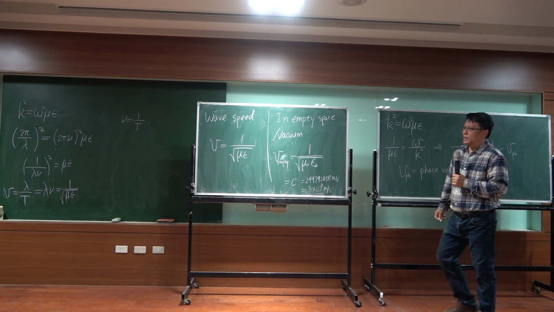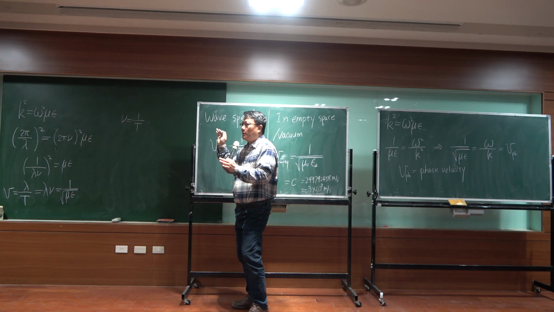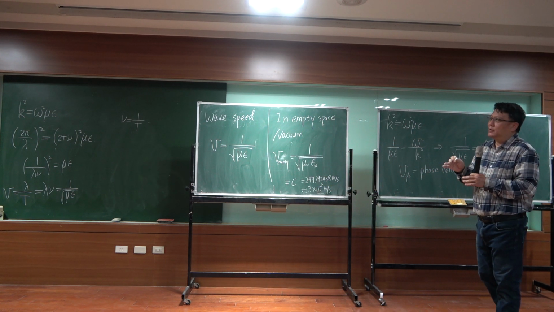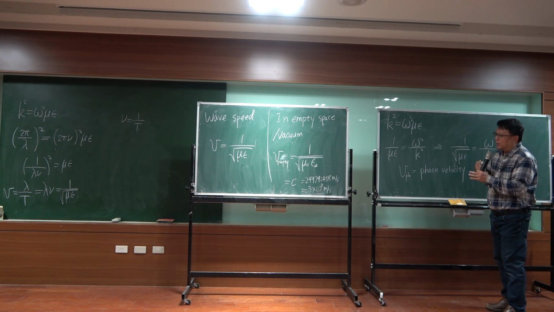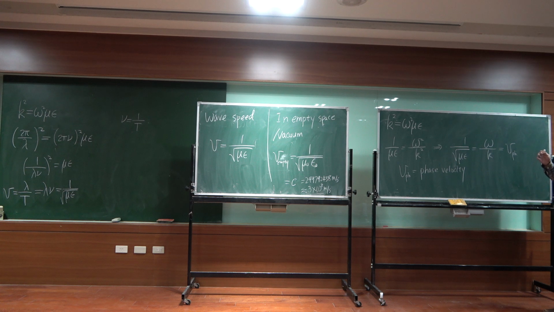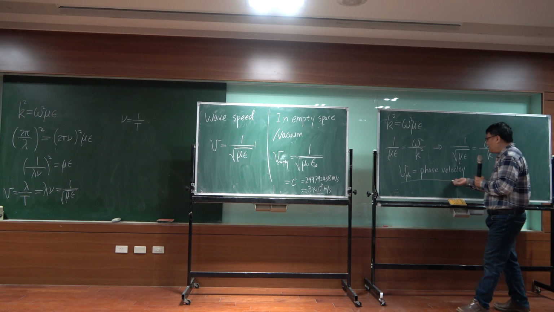When we talk about the wave speed here, it is actually a bit vague. In fact, the speed or velocity of a wave comes in different kinds, which we can use to describe the behavior of the wave. The simplest one is the so-called phase velocity.